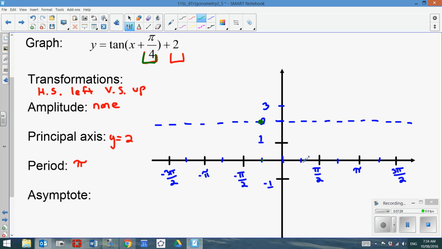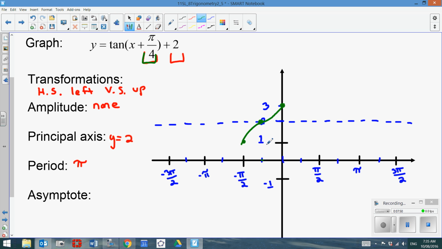Remember, we also had a point at pi over 4 and 1, so that means if I move from that original point, pi over 4 units to the right and up 1, there's my positive 1. And then if I move pi over 4 units to the left and down 1, I now have this middle section of what my tangent curve is going to look like.